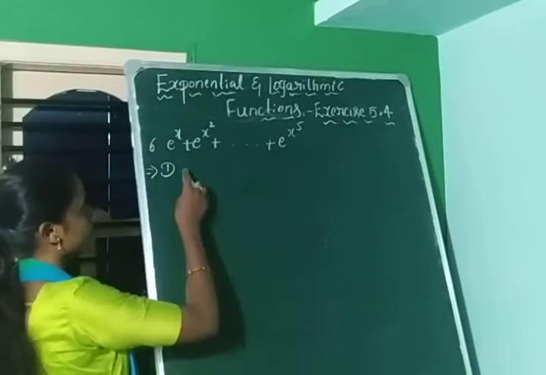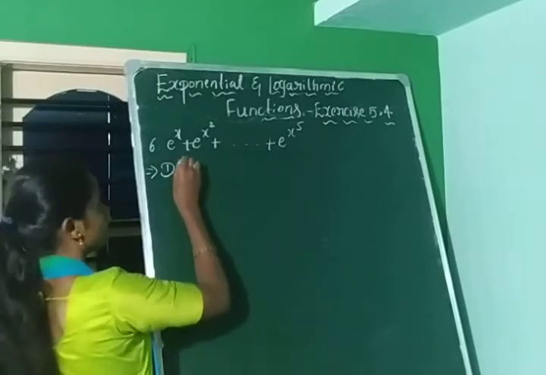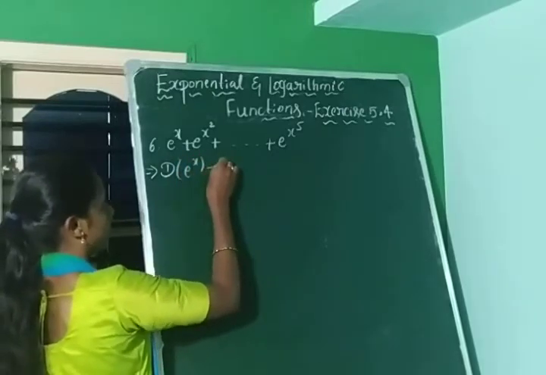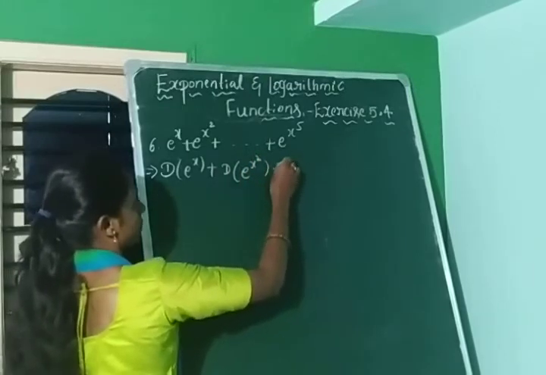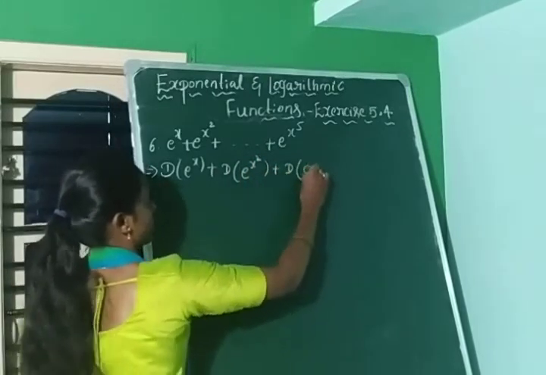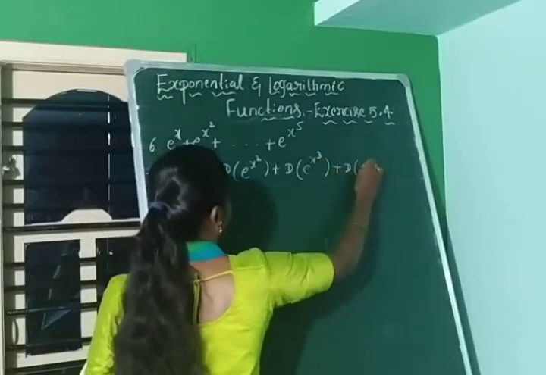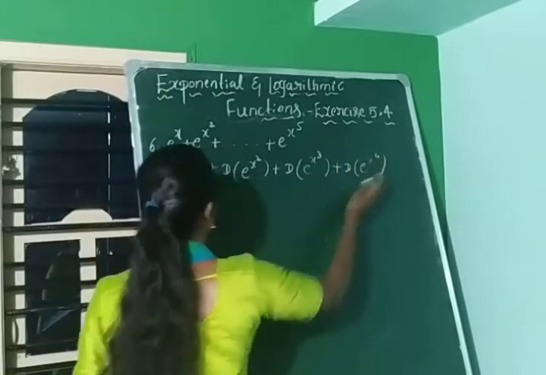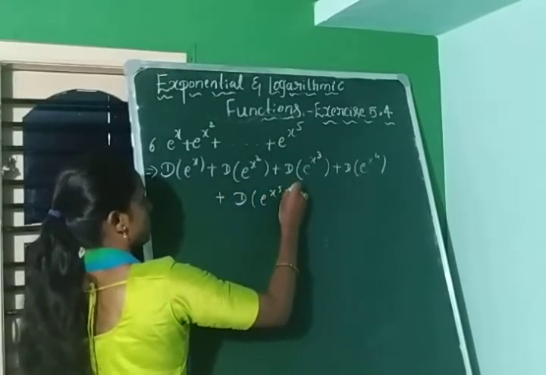Instead of writing d by dx, I just write the caps D. Okay. So d of e power x plus d of e power x square plus d of e power x cube plus d of e power x power 4 plus d of e power x power 5.